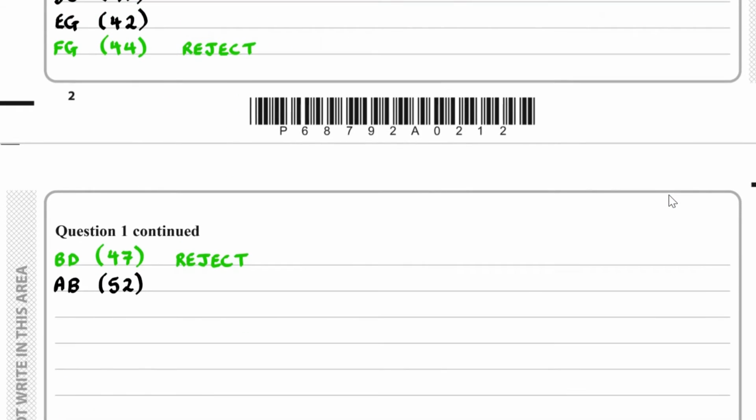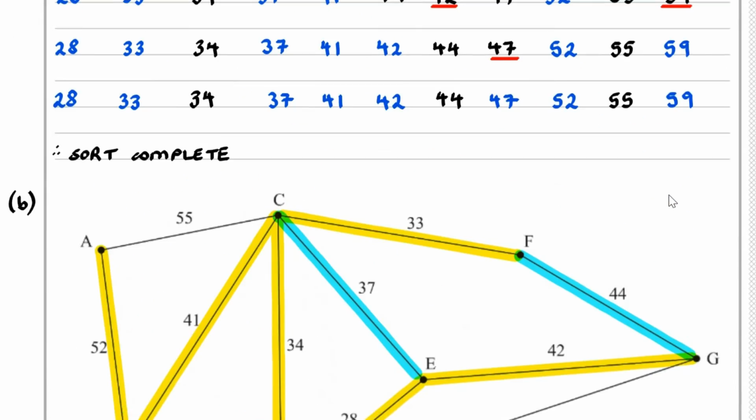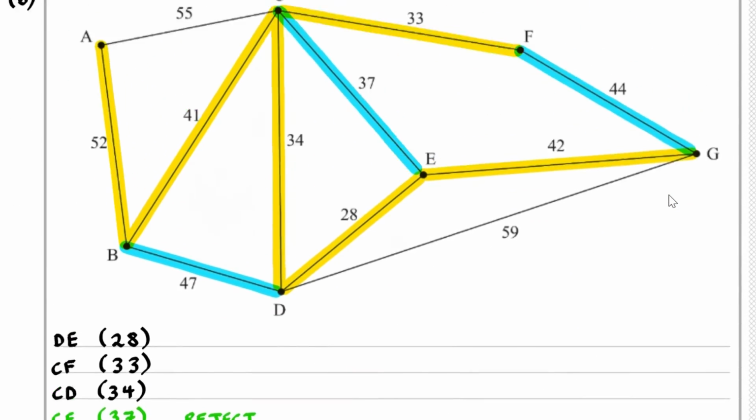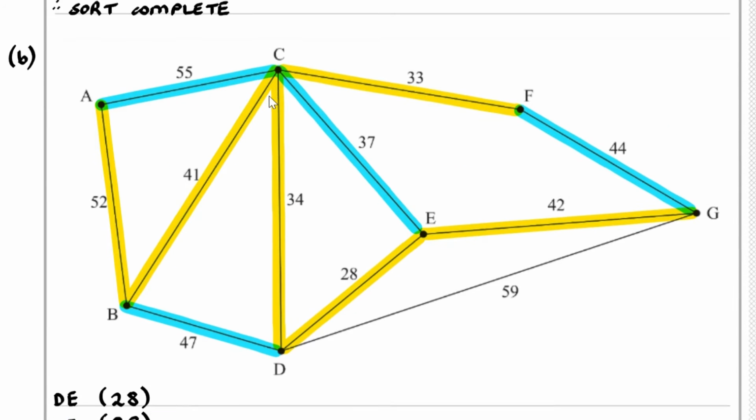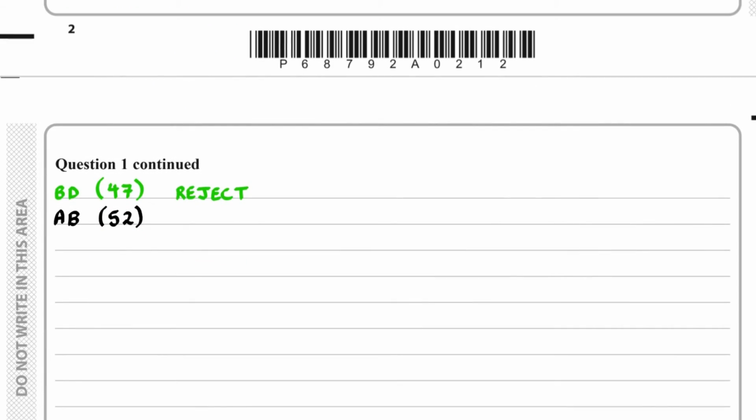So next we have the AC, which we can't use because we'll get a cycle. So AC with weight 55, we would have to reject.